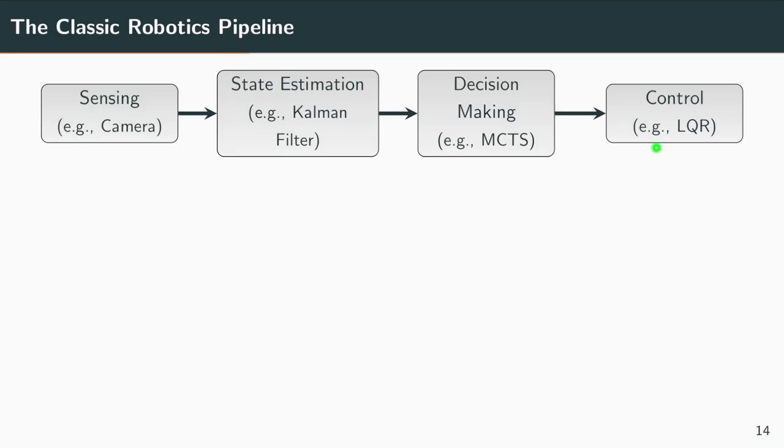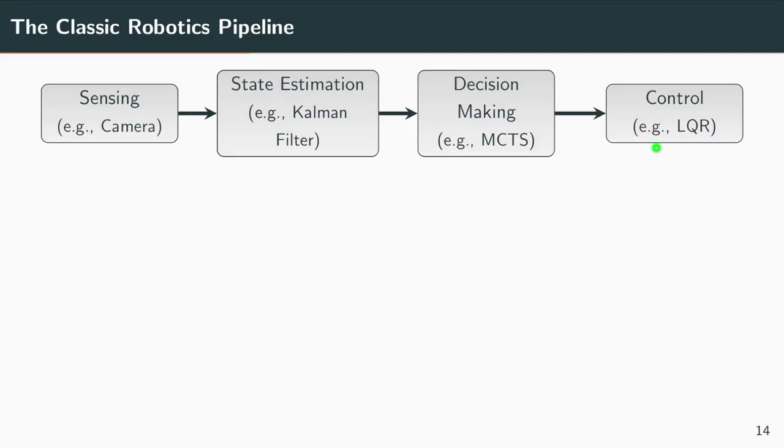And so the maybe classic robotics pipeline that some of you might have seen before is that we can split this task of doing something in an automated fashion into different building blocks. The first building block would be some sort of sensing. So we have a camera or a LiDAR or any other sort of sensor. We take that input and then we try to abstract away some interesting information in our state estimation. Like for example, where's a pedestrian or where am I in my own world?